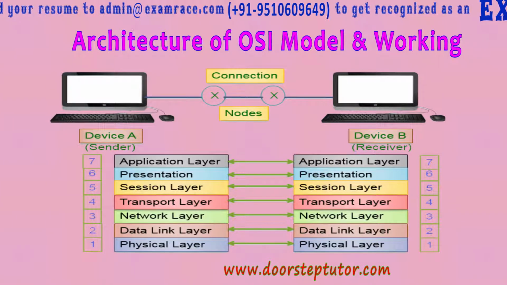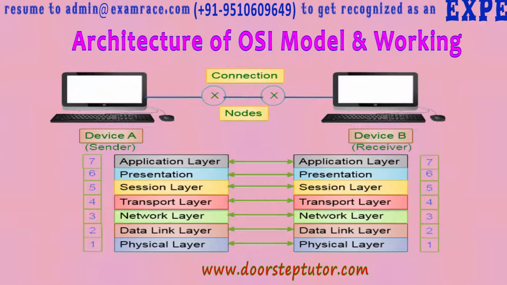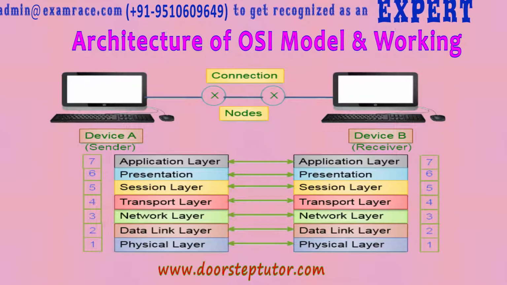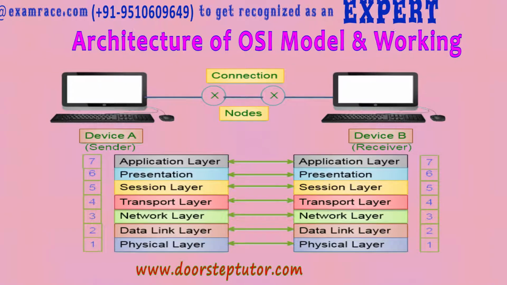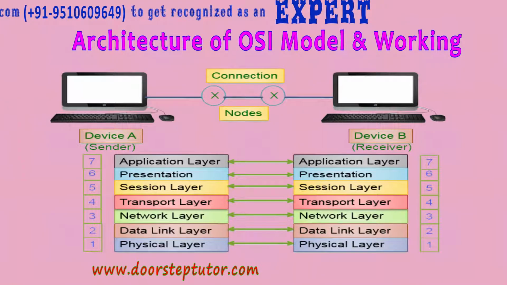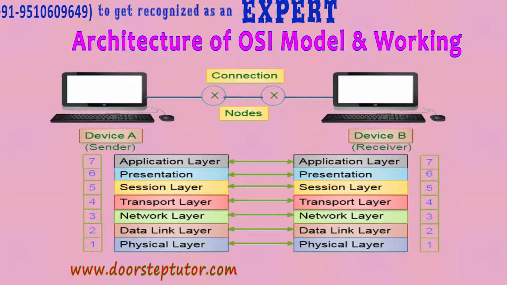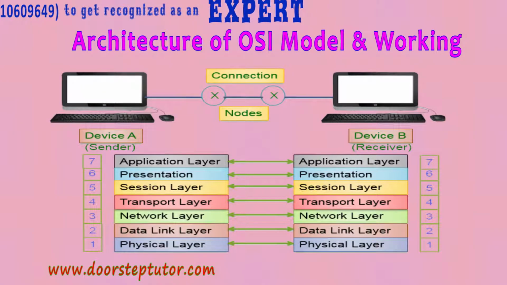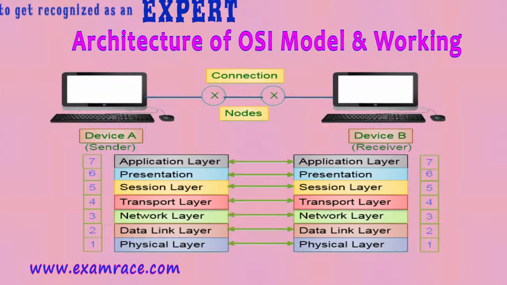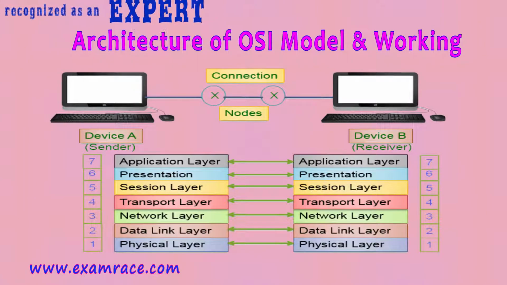That represents that device A is the sender and it has to send some message or information to device B, that is the receiver. There will be some connection between devices A and B so that the message or information can be transferred from one side to the other, and there can also be some nodes in between that provide the connection. Then how does it work?